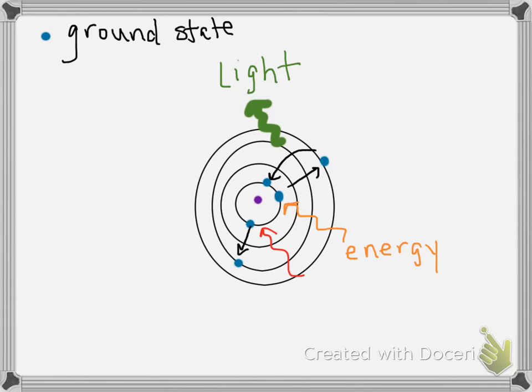That means that when it falls back down to ground state, it's going to release a different color of light. Maybe this time it releases some yellow light. So the amount of energy that it gets hit with determines how high it will jump, and then again when it falls back down to ground state, it will release some color of visible light. Now that is not what's going to be on your midterm, but I think that will help you understand.